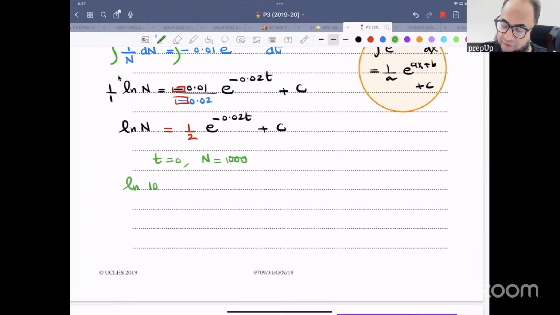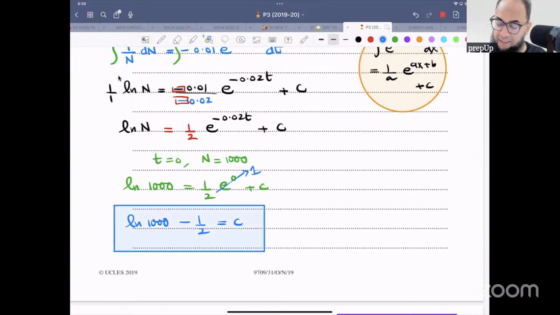ln of 1000, this is half, e raised to the power of 0, this whole thing becomes 0, plus c. Now e raised to the power of 0 is 1. So ln 1000 minus half is equal to c. So this is what we are getting.